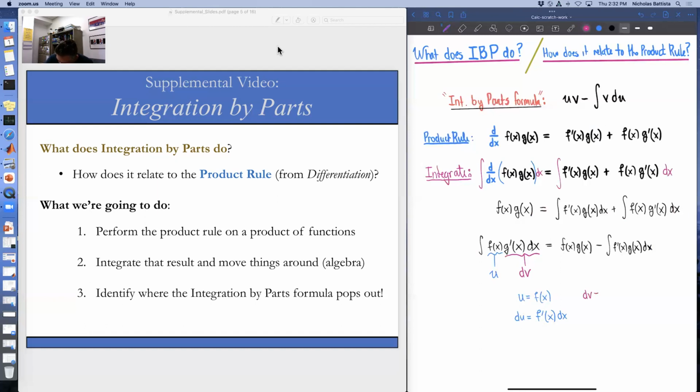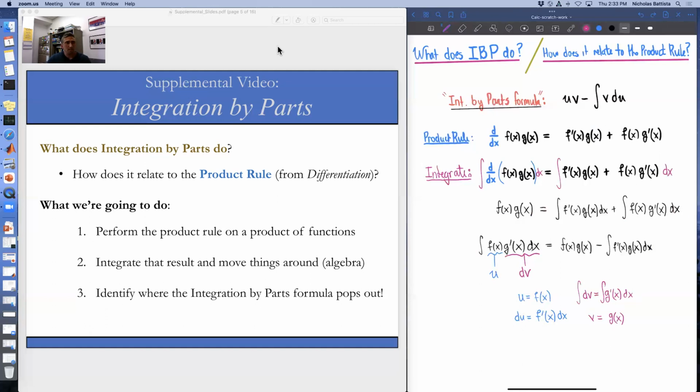Now, if we have dv is equal to g prime of x dx, to get v by itself, we integrate both sides, and we get v is equal to just g of x. Since in the first line we had the integral of a derivative, by the fundamental theorem, that just passes us back that function g of x.